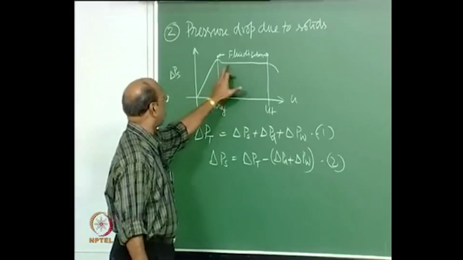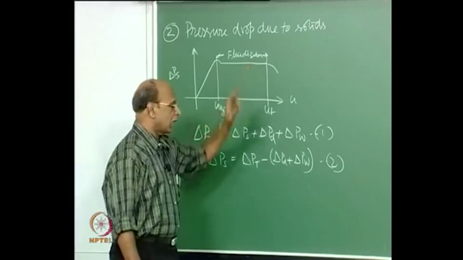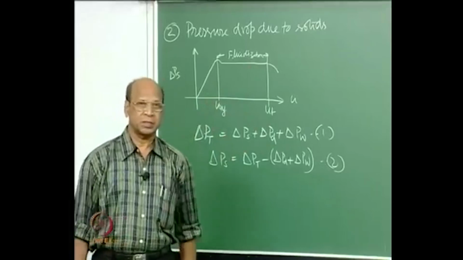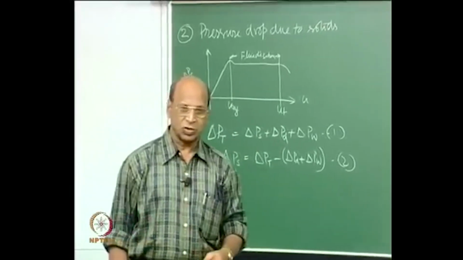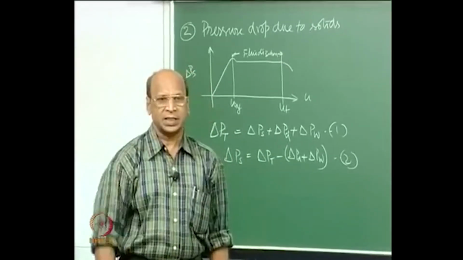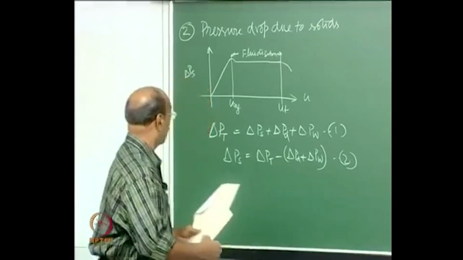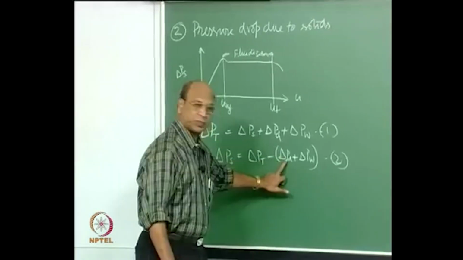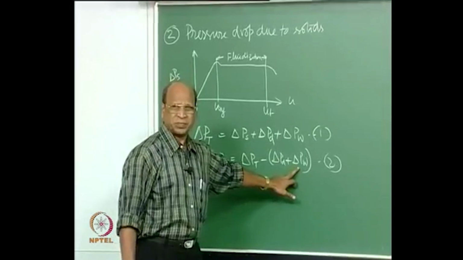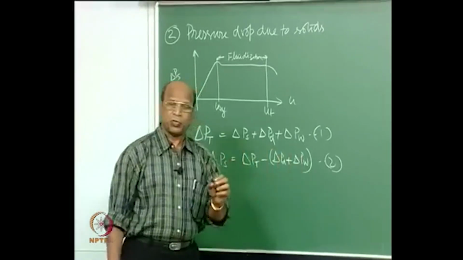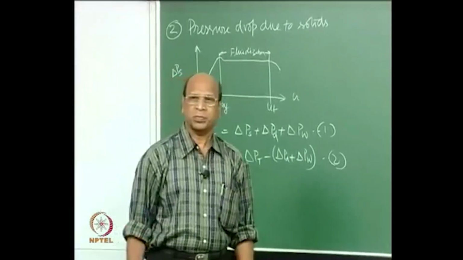And when you plot this, the pressure drop after fluidization will be constant. Otherwise, as I mentioned in the last class also, there will be a slight increase in the pressure drop due to the distributor plate. Walls will not contribute much, but the distributor plate will have tremendous pressure drop.